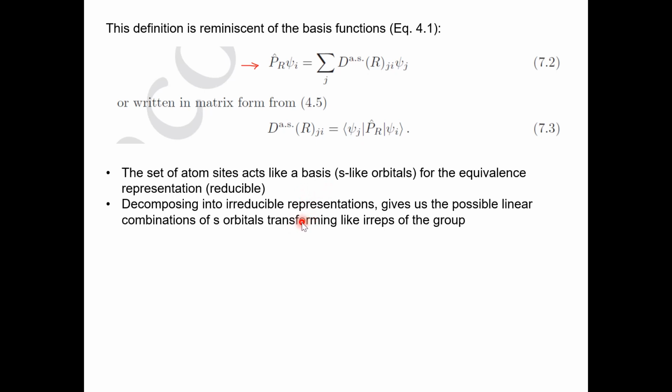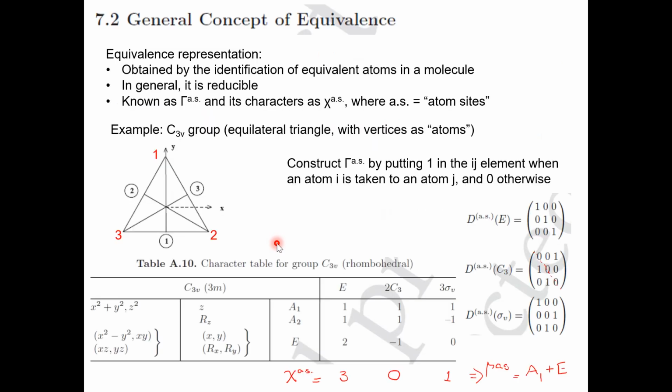And that's the idea. Decomposing this equivalence representation into irreducible representations, I have not shown that, but this is going to be precisely the same exercise we did in chapter 4. This will give us the possible linear combinations of s orbitals that transform like irreps of the group. If you remember, we did that in chapter 4 for 3 s orbitals in a triangle, and the result was precisely that.